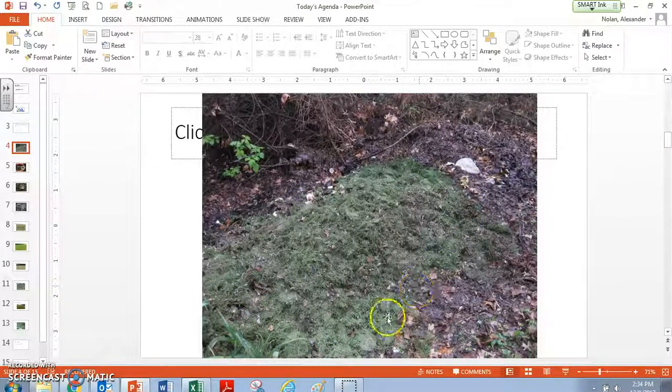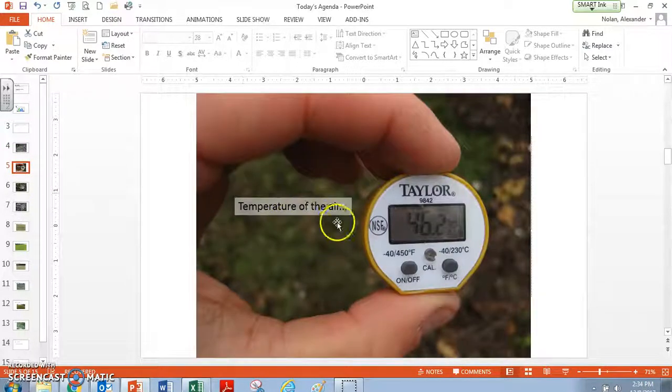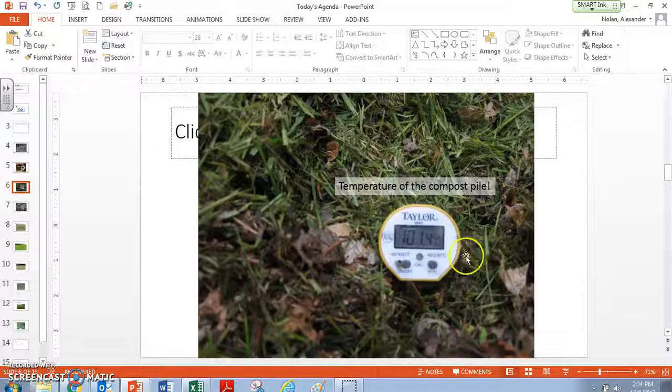As I stood outside of this compost pile and tossed my eggshells and table scraps, I noticed something. I was standing about 5 feet away from it, and the air was about 46 degrees. This is just a temperature thermometer that I used. But the compost pile was 101 degrees.